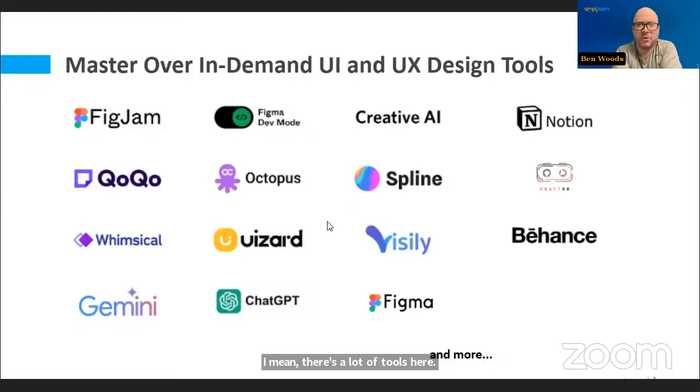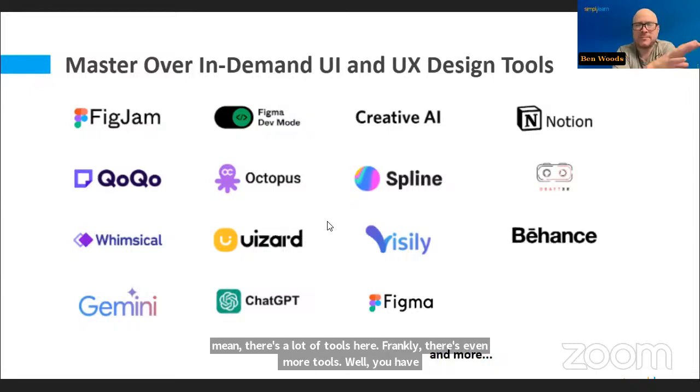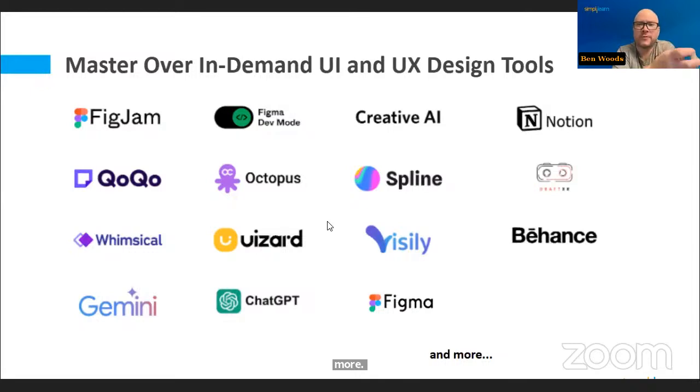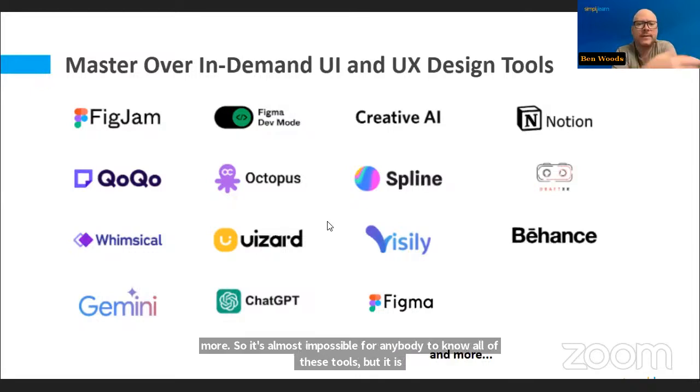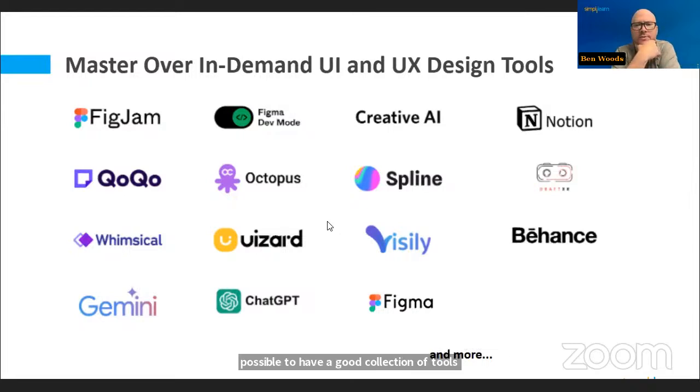So it's almost impossible for anybody to know all of these tools, but it is possible to have a good collection of tools. Behance is largely a portfolio tool. I believe it's owned by Adobe. I need to check. But that just helps us to make our portfolios accessible and usable to folks.